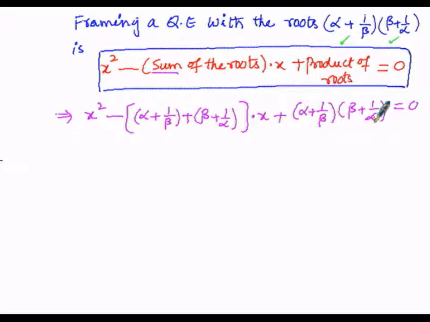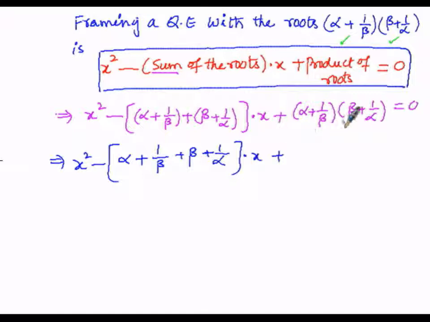Then that implies x square minus, removing the small brackets inside the square bracket, alpha plus 1 by beta plus beta plus 1 by alpha, square bracket close, into x plus, we have to multiply these two. To multiply these two brackets, I want to write within the square bracket.